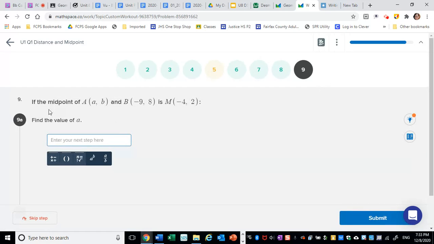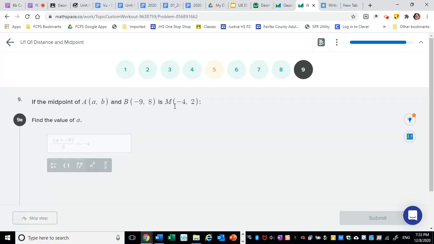Okay, question 9. Find the midpoint. All right, this is the same way we did earlier. They give you the midpoint and the coordinate of B. You need to find A and B, but you are given point B and the midpoint M. So first of all, you have A plus -9, and divide by 2 equals -4.